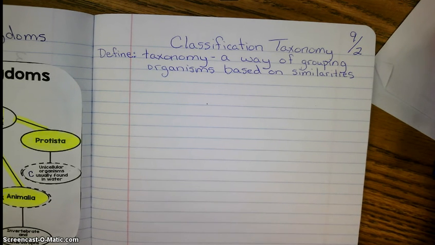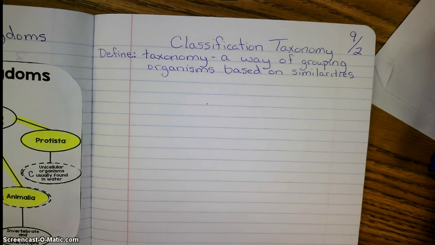Now, this grouping changes as we get new information. So before they had the microscope, they couldn't see that things were made of cells. Once the microscopes got really improved, they could see that some of those cells had a nucleus and some of them didn't.